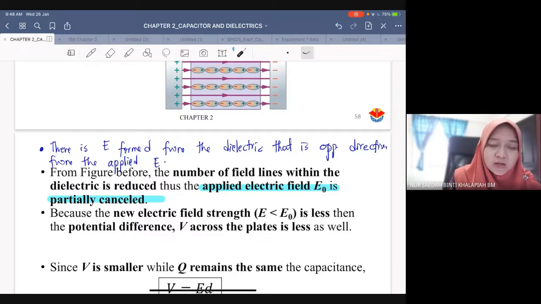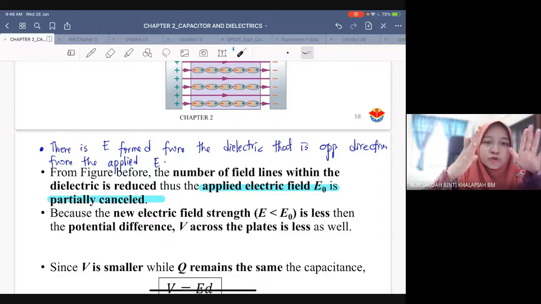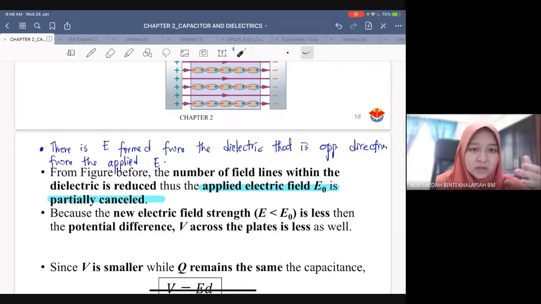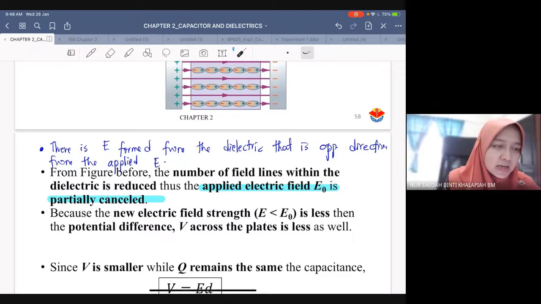Kalau electric field kapasitor yang kosong, electric field dia besar sikit. Tapi kalau dah letak dielectric, electric fieldnya akan kurang sedikit. Sebab apa berkurang? Sebab electric field daripada dielectric adalah opposite direction from the electric field yang asal. Boleh?